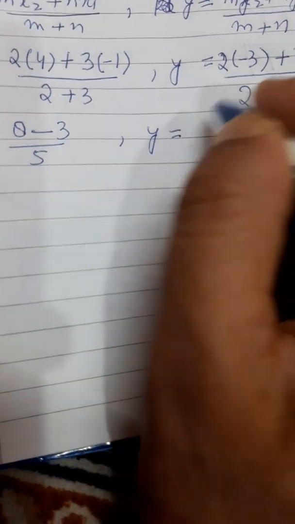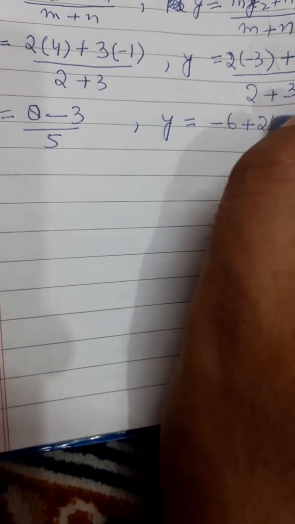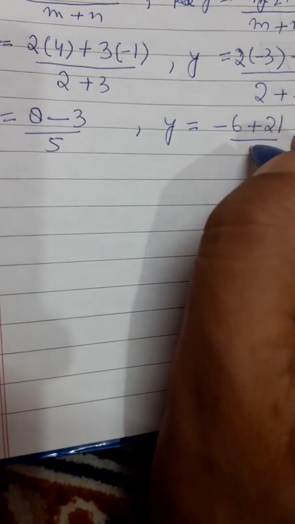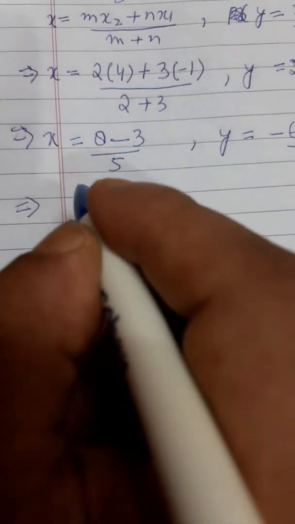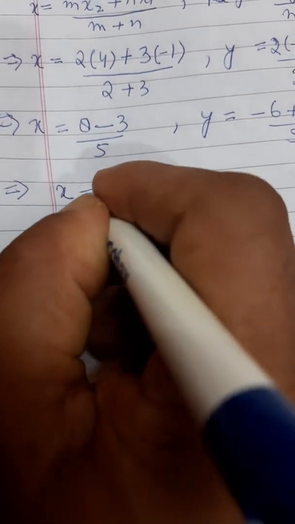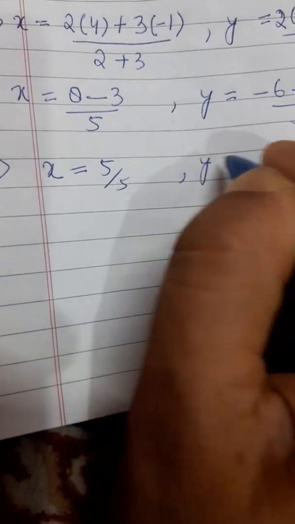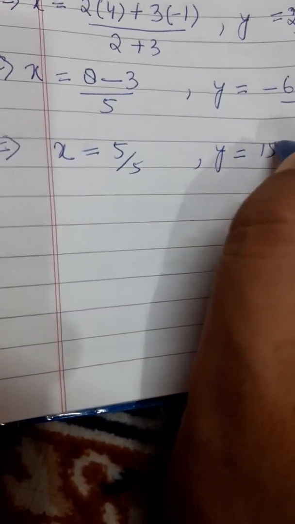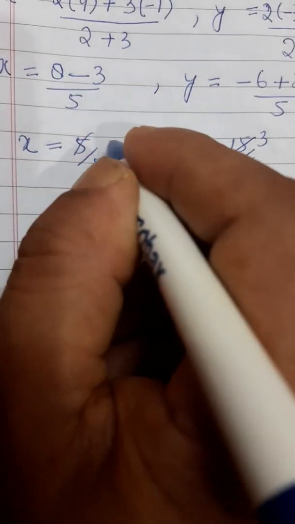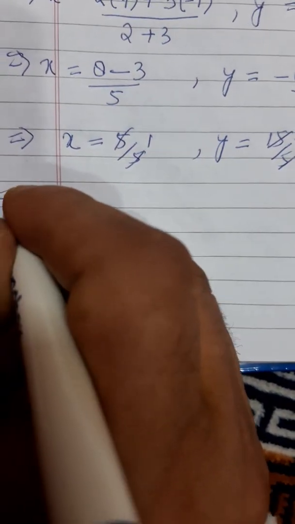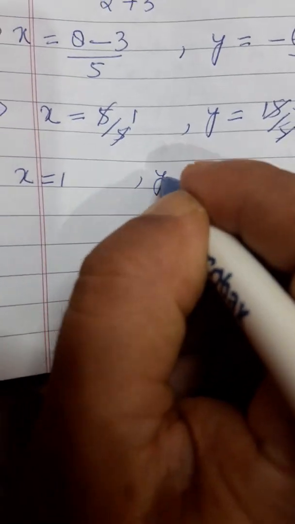So y is equal to 2 times -3, that is -6, plus 3 sevens are 21, upon 5, which implies x is equal to 5 by 5, while y is equal to 15 by 5. So 5 ones are 5, 5 threes are 15, here we will get 1 only. So x is equal to 1 and y is equal to 3.